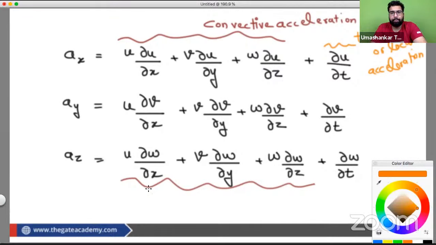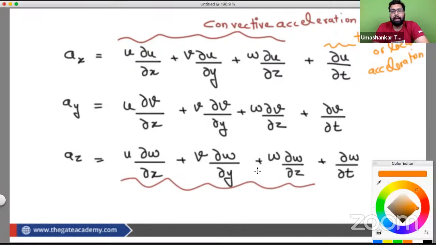The part of acceleration which represents the changes of velocity with respect to time is the temporal or local acceleration, and the part which represents the changes with respect to space is called convective acceleration.